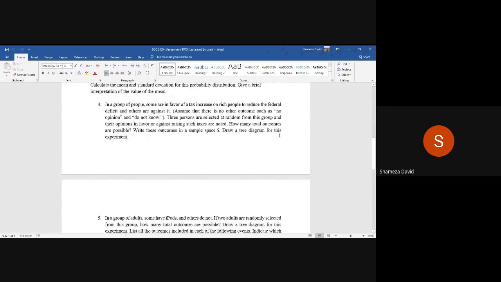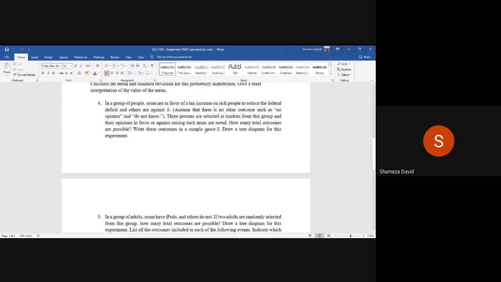And then the other two questions are fairly similar in nature. One of them asks you to draw a tree diagram, question 4. So you have a group of people, some are in favor of a tax increase on rich people, and then the others are against it. Assume there's no other outcome, such as no opinion or don't know. So there are just two outcomes, either in favor or against. 3 persons are selected at random from this group, and their opinions in favor or against such taxes are noted.